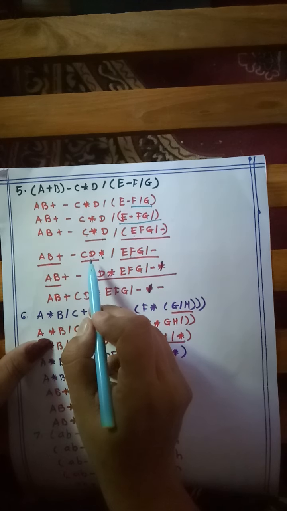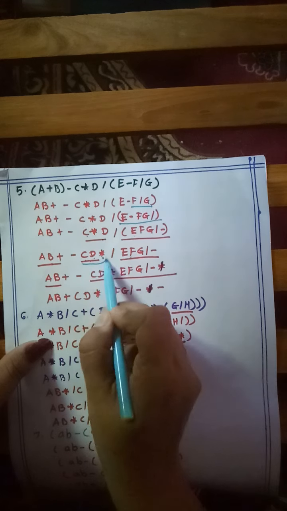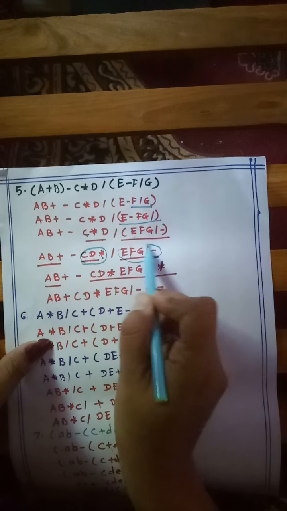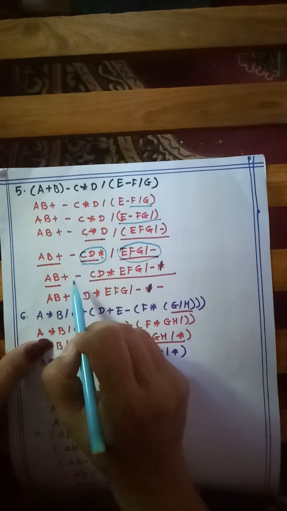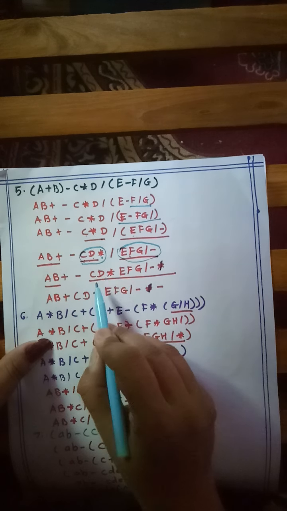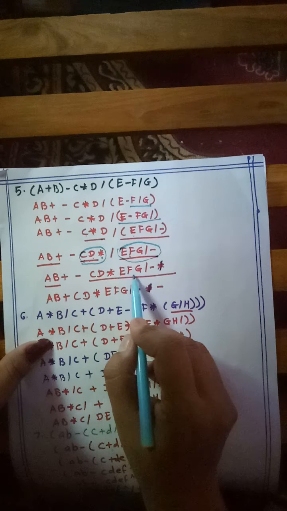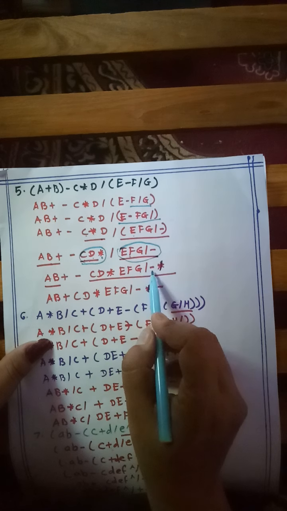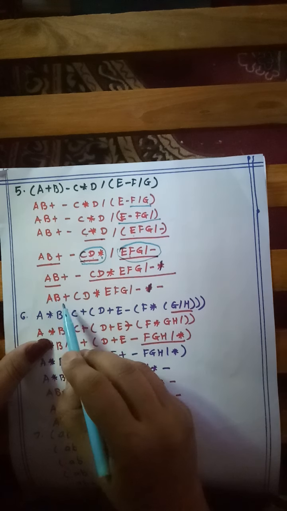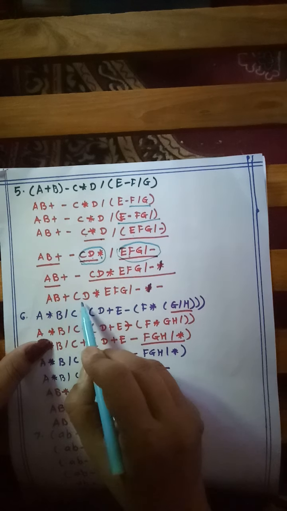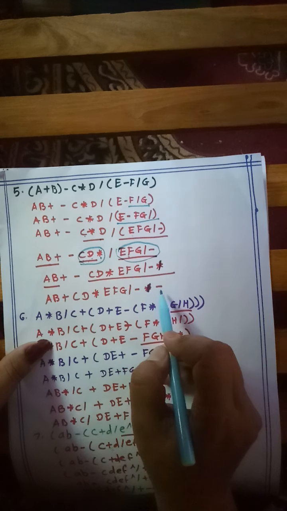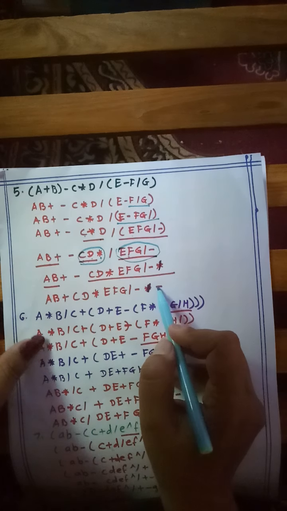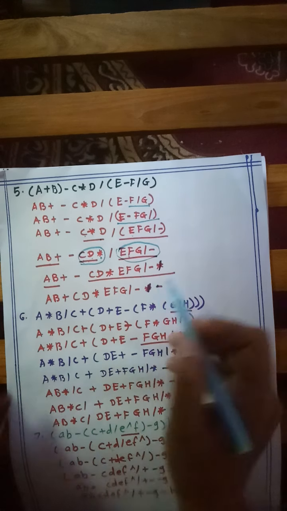Now we solve this term and this term, because division has higher priority than the minus sign. So C D star E F G slash minus slash. Now next is A B plus C D star E F G slash minus. This is the output of the fifth example.